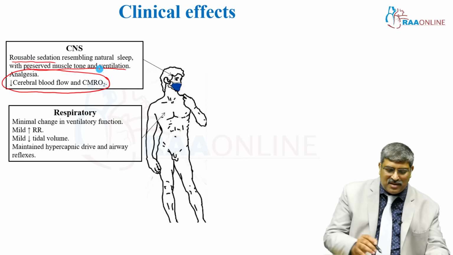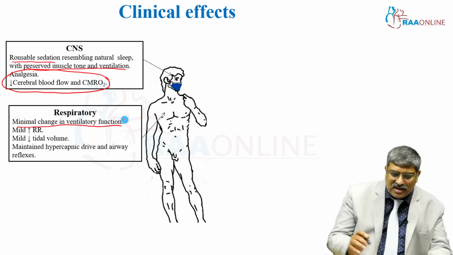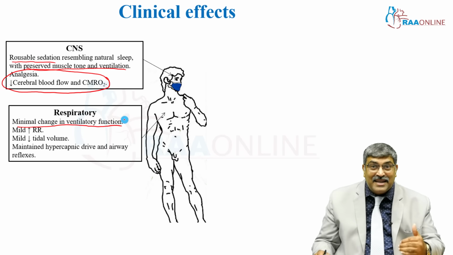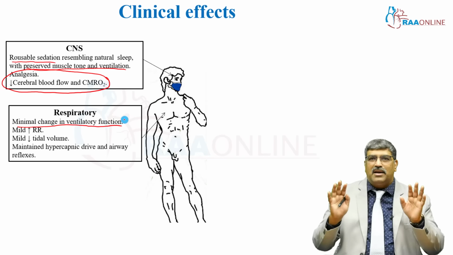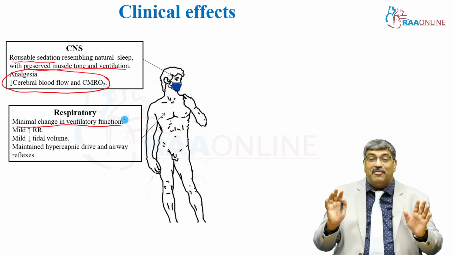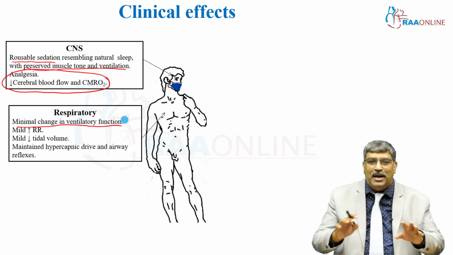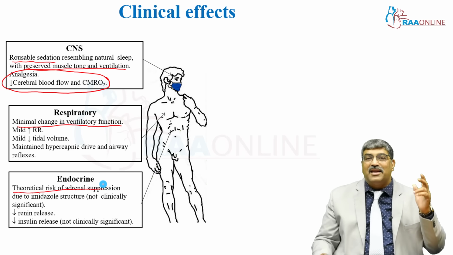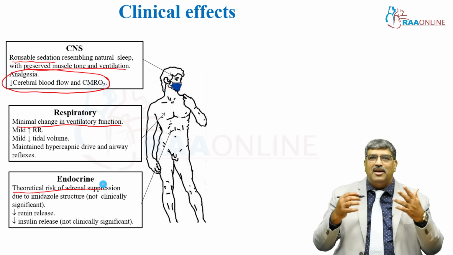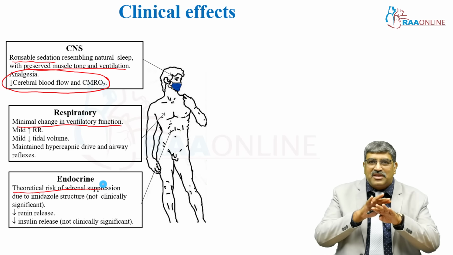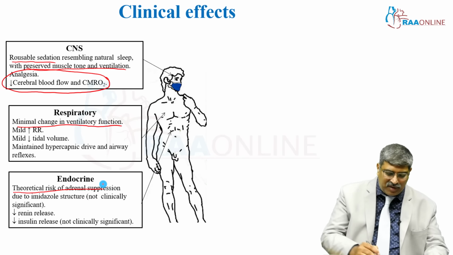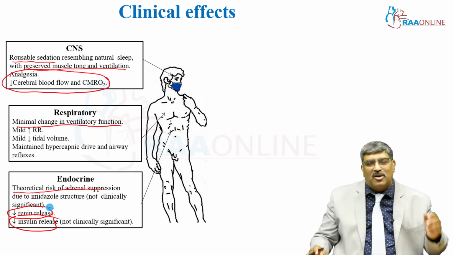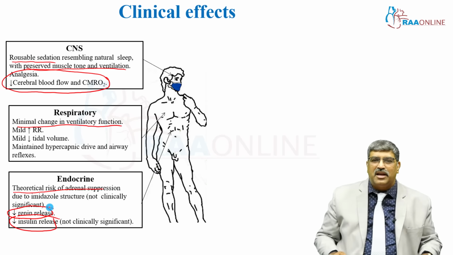With respiration, there is minimal change in ventilatory function, mild increase in respiratory rate, mild decrease in tidal volume, but your hypercapnic drive and airway reflexes are well maintained. Coming to endocrine, there is a theoretical risk of adrenal suppression being an imidazole derivative, but which is clinically not significant. It decreases the renin release as well as the insulin release, which are also clinically not significant.